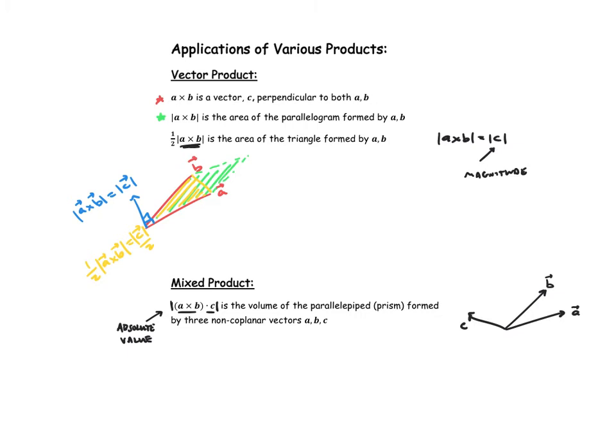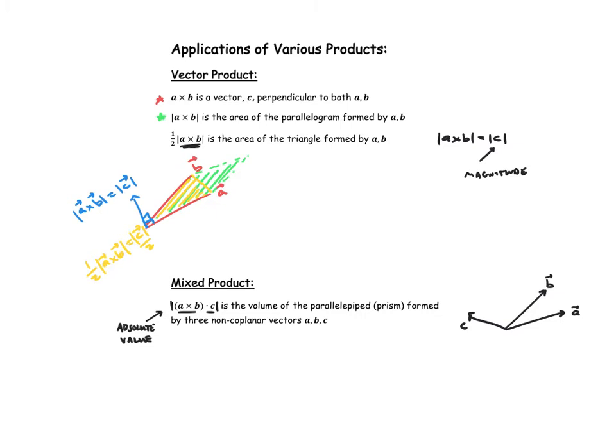When I dot A crossed with B and this third vector C, I'll get a constant, and that constant might be negative or positive. The absolute value of that constant comes out to be the volume of the parallelepiped, whatever. It's a prism, right?